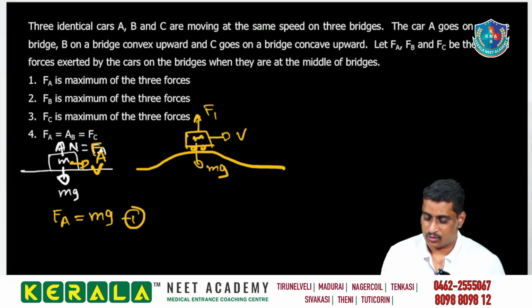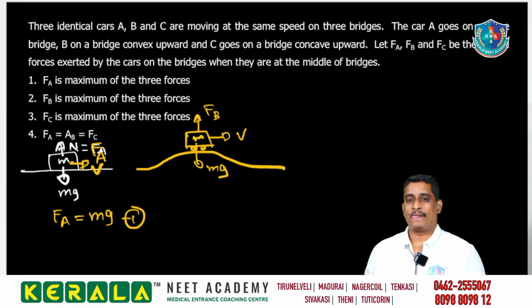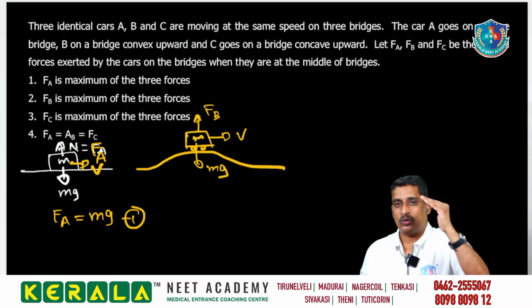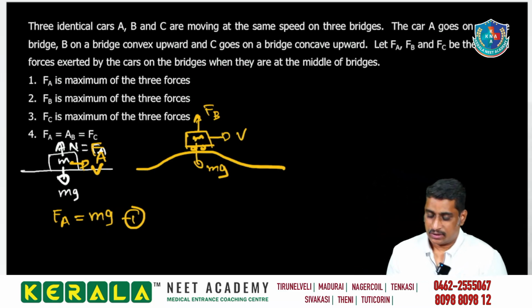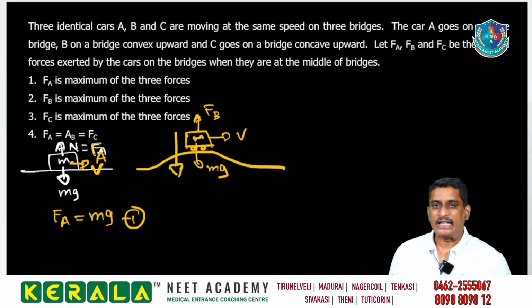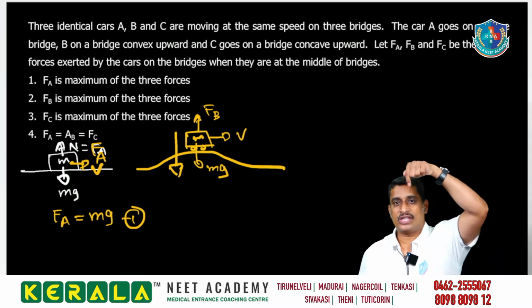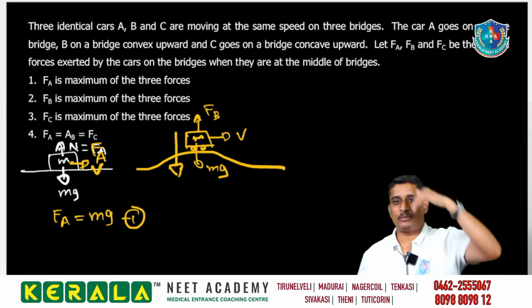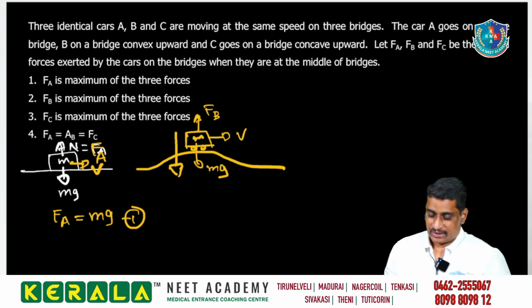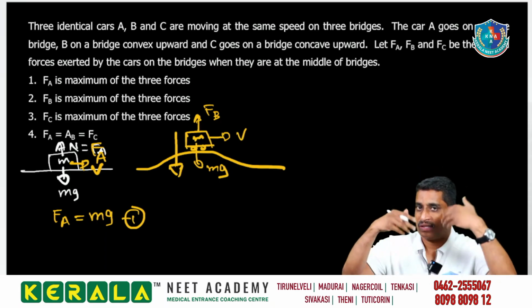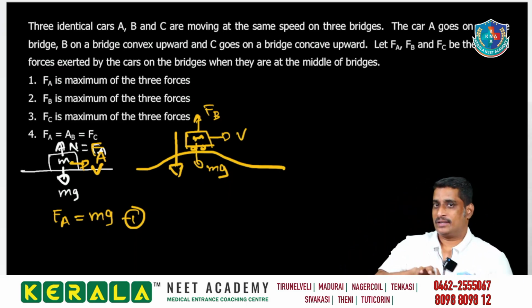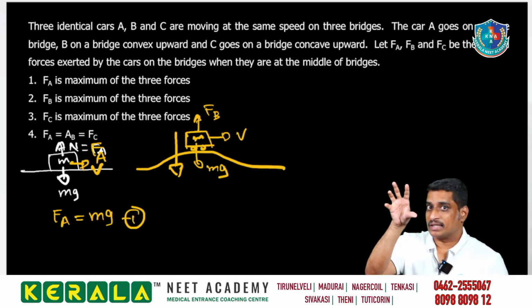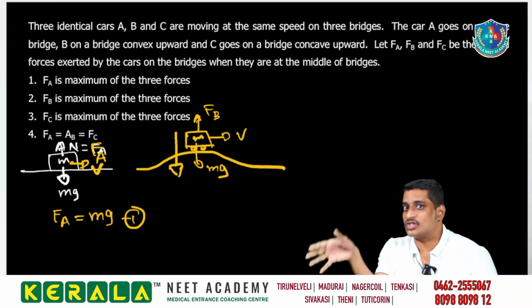This normal force here we can name it as FB. For this car to come into the curved path, that car should be acted by some centripetal force towards the center of that circular path. That means unless mg dominates over FB, the car cannot be acted by the centripetal force and it cannot come into the circular path.